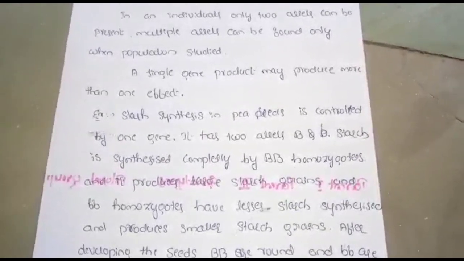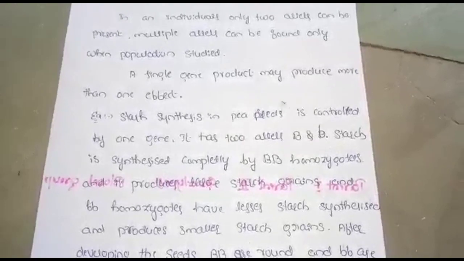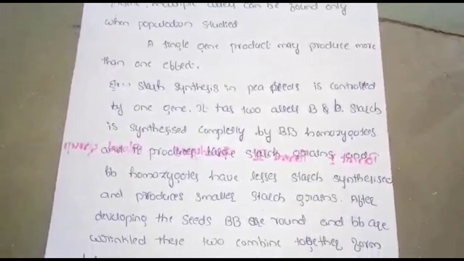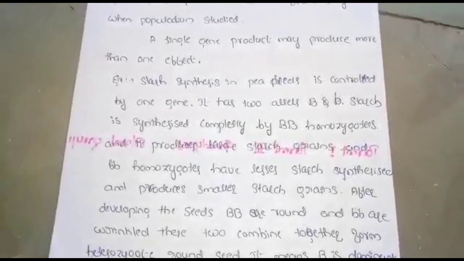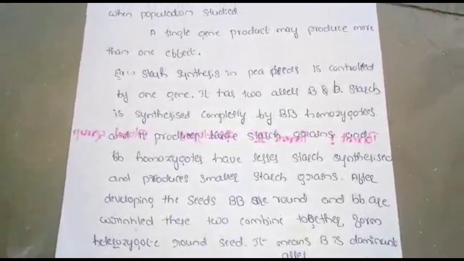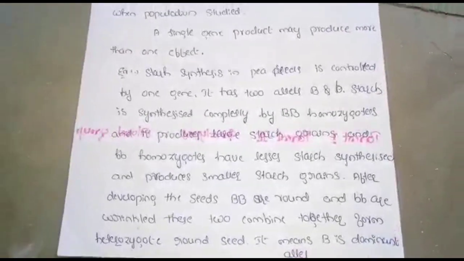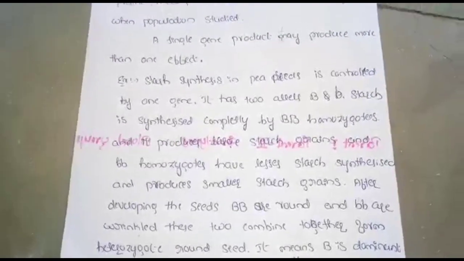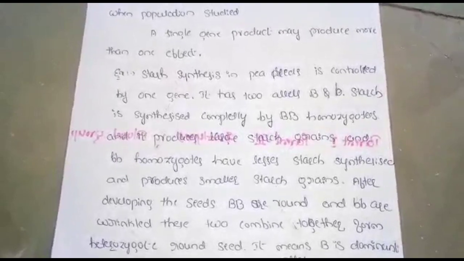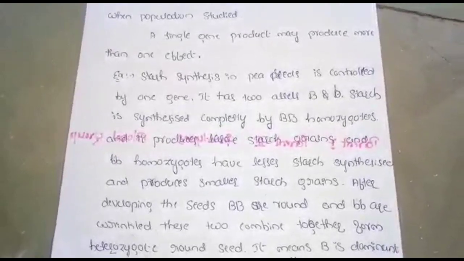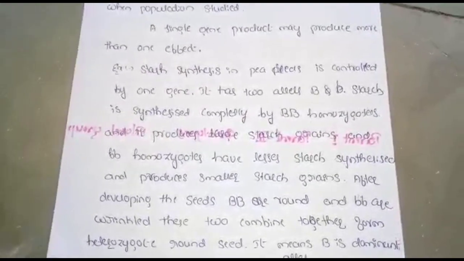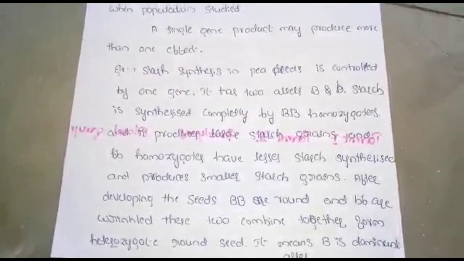Starch is synthesized completely in the homozygous condition. Such a condition is capital B capital B, and it produces a large amount of starch grains. Small b small b is also a homozygous condition, but it produces a lesser amount of starch and smaller starch grains.